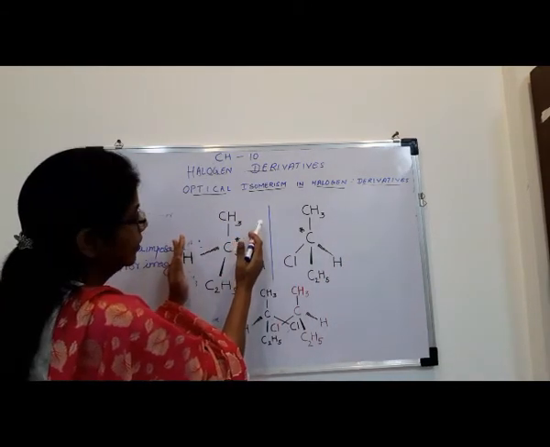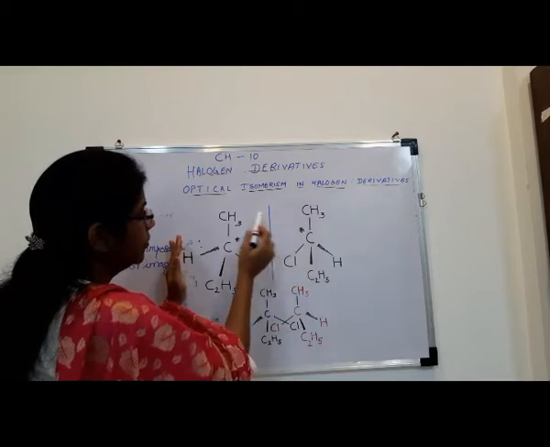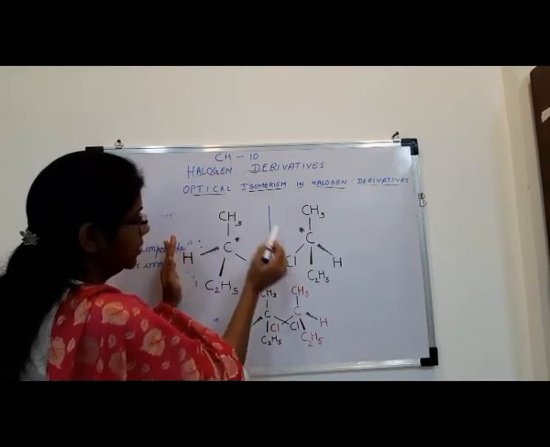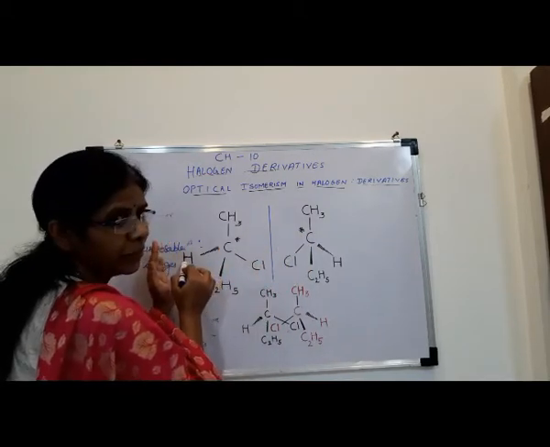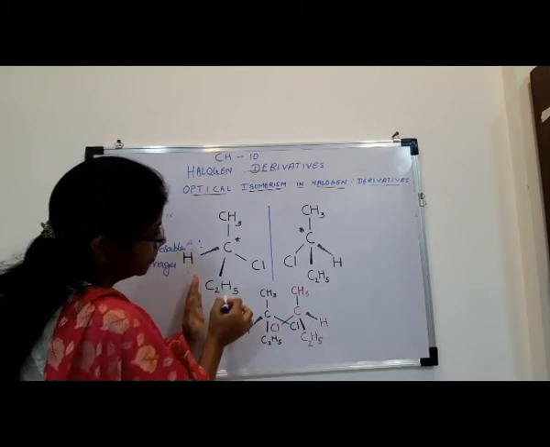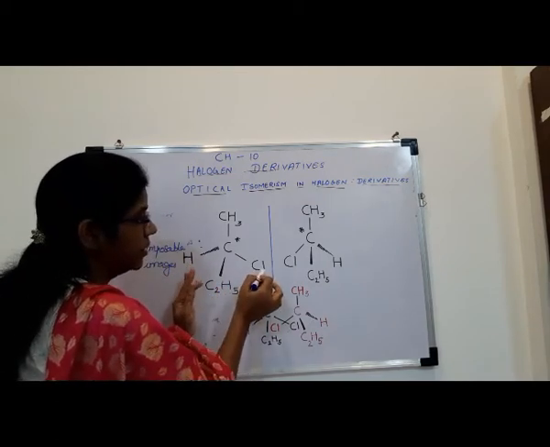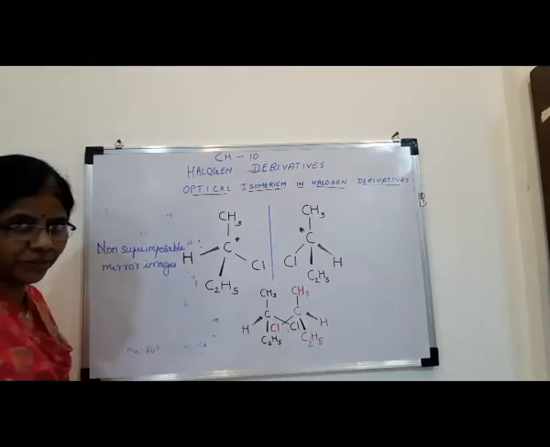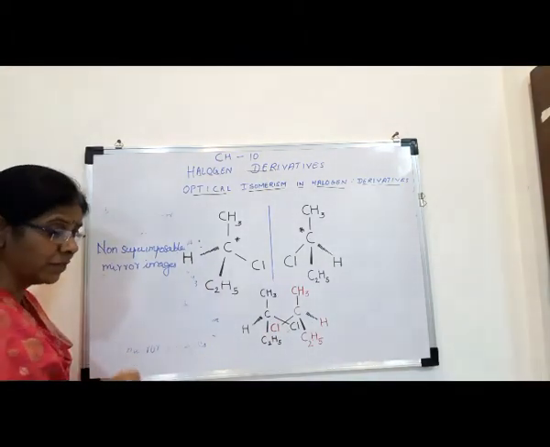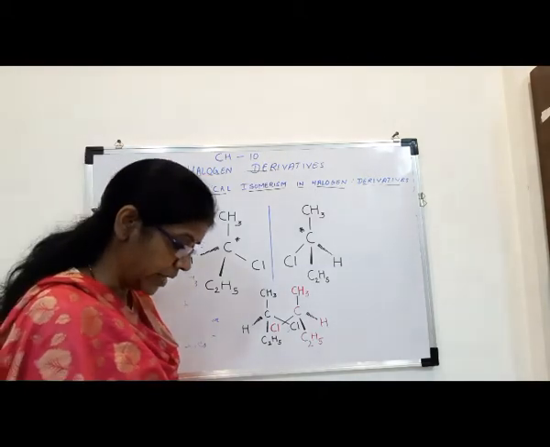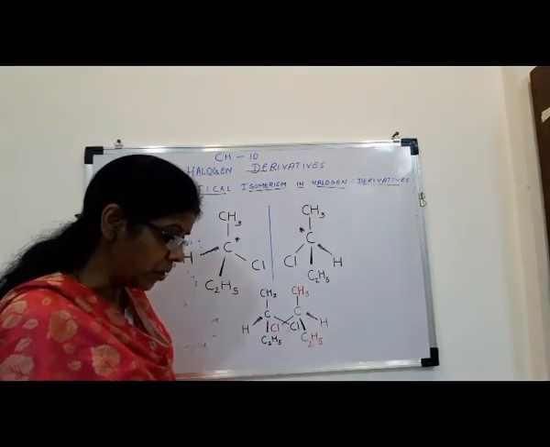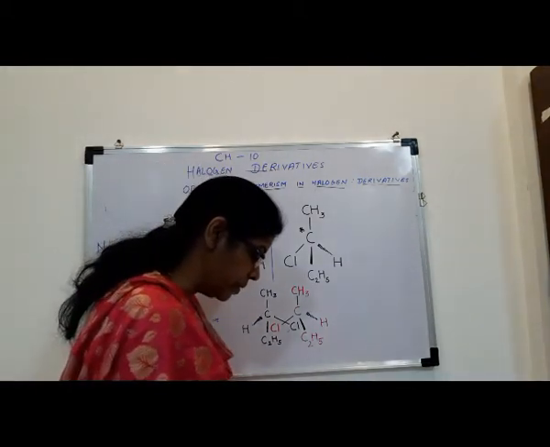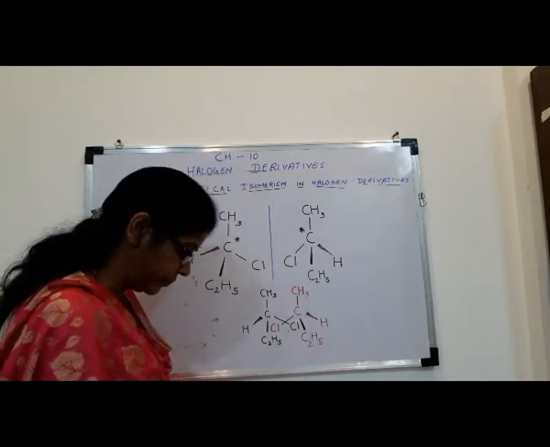what will happen now? CH3 will be over CH3, but Cl will overlap over hydrogen. C2H5 will be the same, but here instead of this you will get H. So see, it's shown here. This phenomenon is called non-superimposable mirror image.